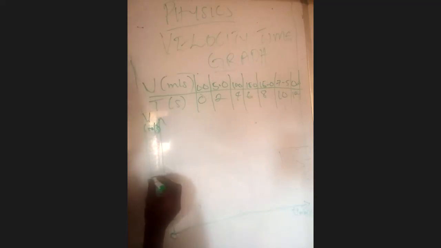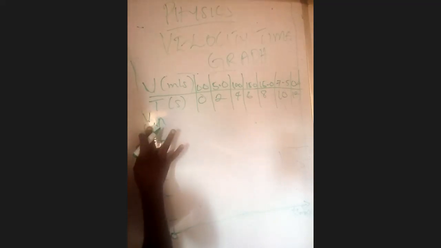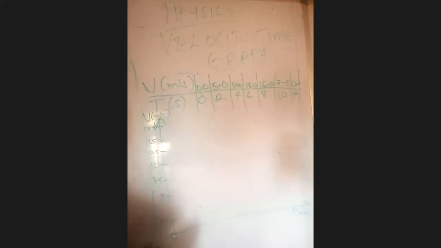Now, on the velocity axis we have 2.5, then 5, 7.5, 10, 12.5, 15, then 17.5.